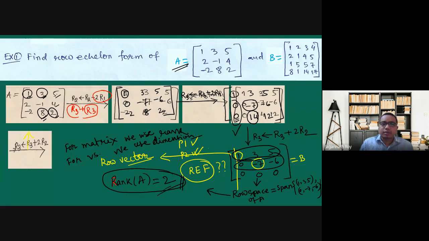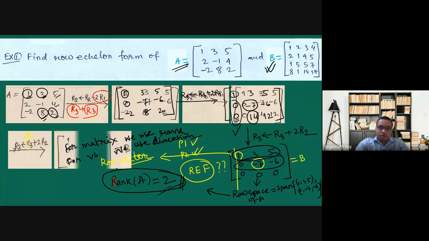Okay. So we move forward to see another example, that is B. We have to verify whether it is a row echelon matrix or not. We have to find the row echelon form of B. So how do we do that?